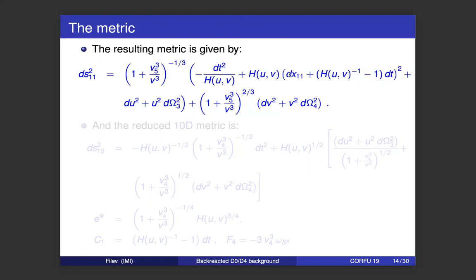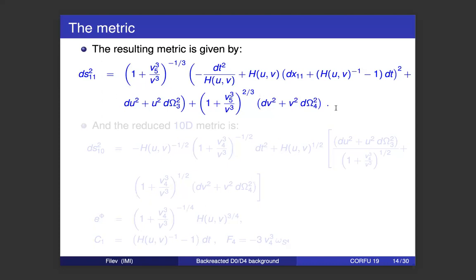So if you just translate x11 to be equal to x11 minus t, you're going to get this. Good. And you have symmetry along the M-theory circle, which is x11, so you can translate as much as you wish with no harm done.